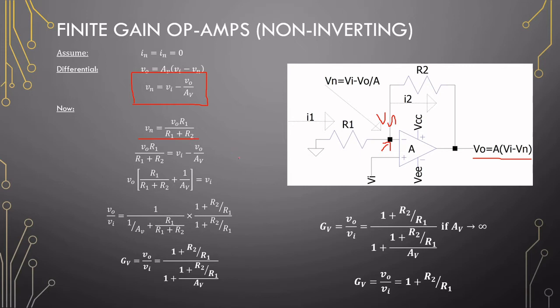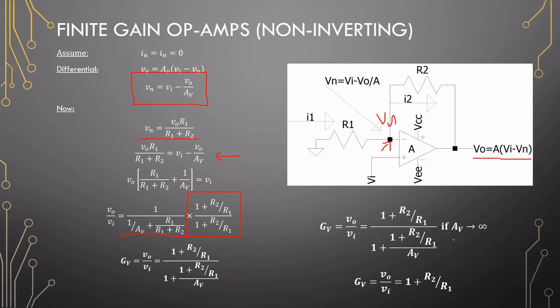If we equate these two and we go through some mathematical steps, we end up with 1 over AV plus R1 over R1 plus R2. And again, we multiply this with the gain of our amplifier with feedback so that we can get it in the form of 1 plus R2 over R1 on top of our adjustment for the gain.